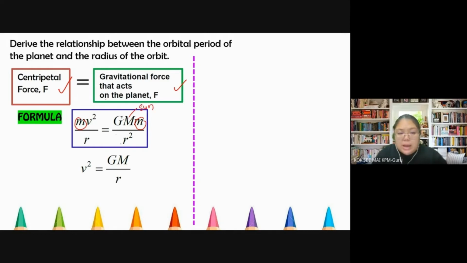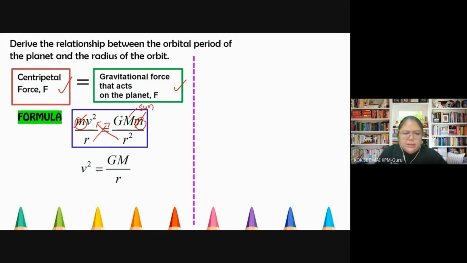So we put together. Finally, which one can we cancel each other? The planet mass, we can cancel already. This one is r squared. When I cross over and multiply, this r will go up, so one of the r will be cut, because it's squared. So finally, I left how many?